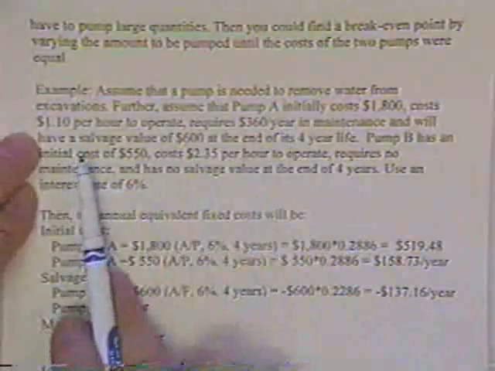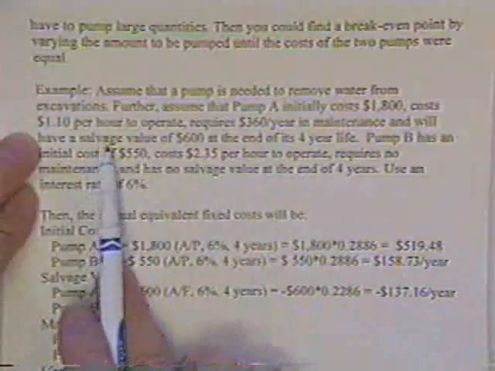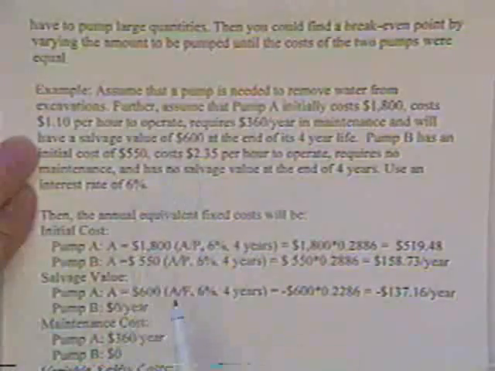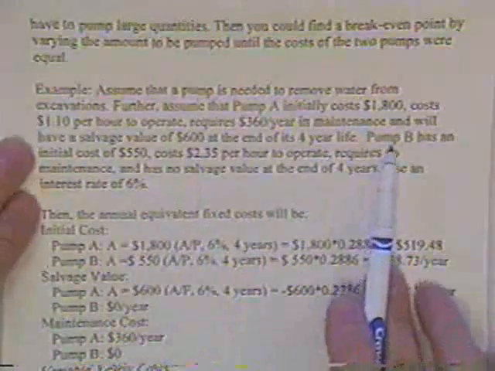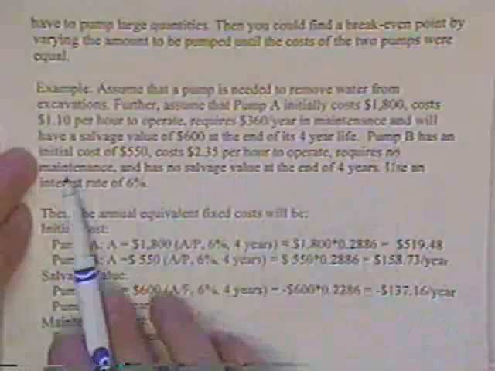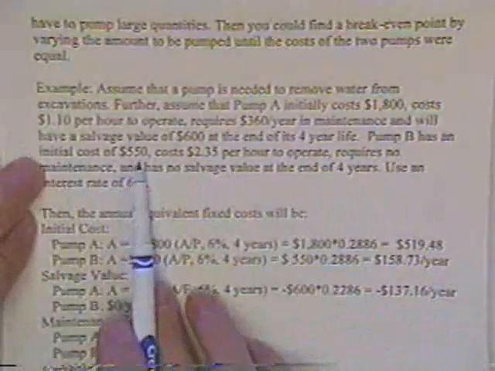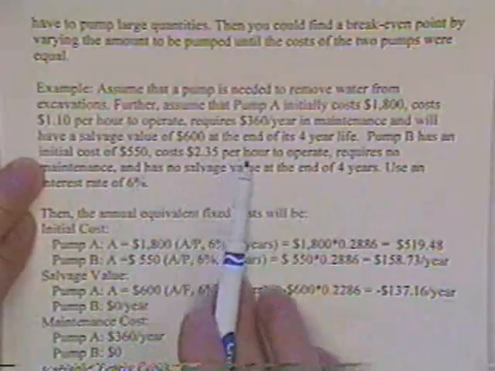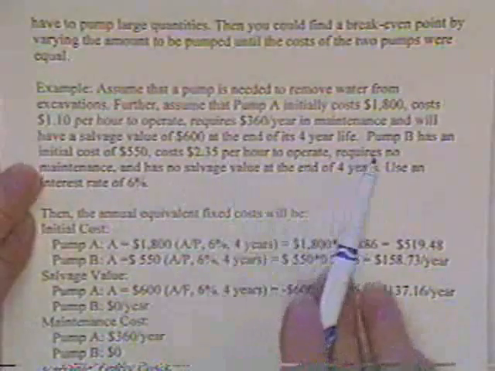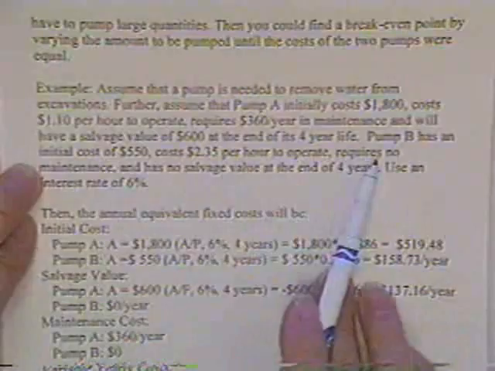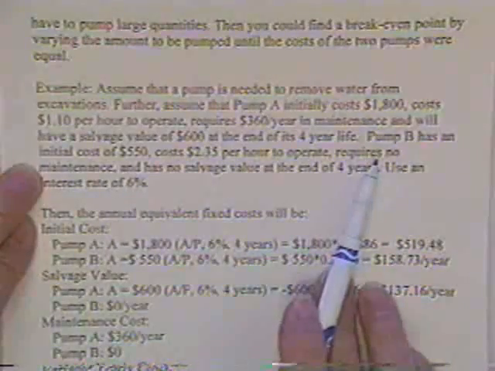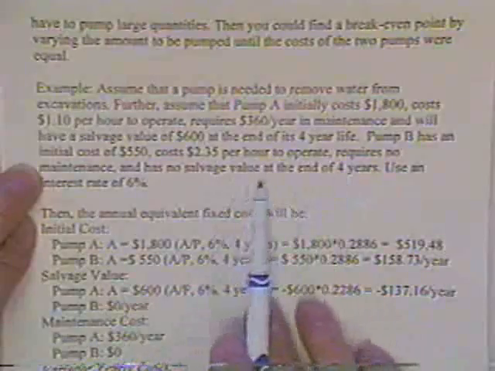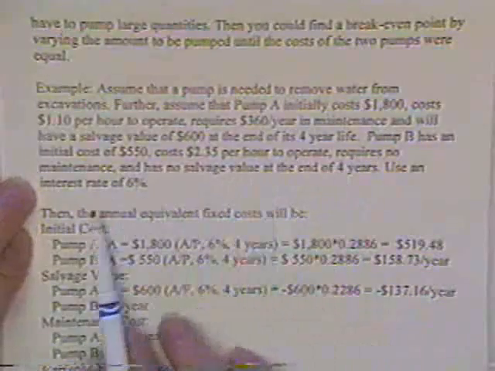However, at the end of its 4-year life, it'll have a salvage value of $600. Another option is to buy pump B. It'll cost you $550. Costs $2.35 an hour to operate, but it doesn't require any maintenance. And at the end of its life, it's just dead. It won't have any salvage value.